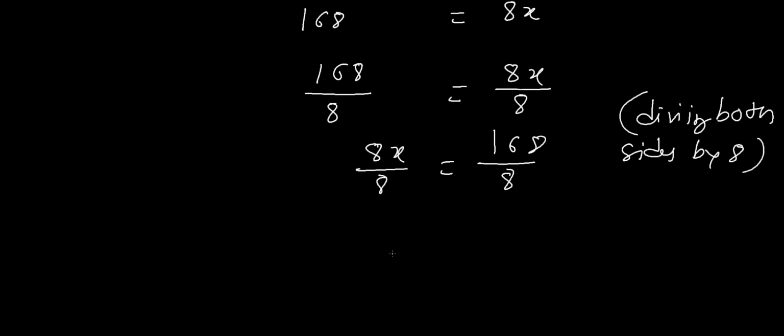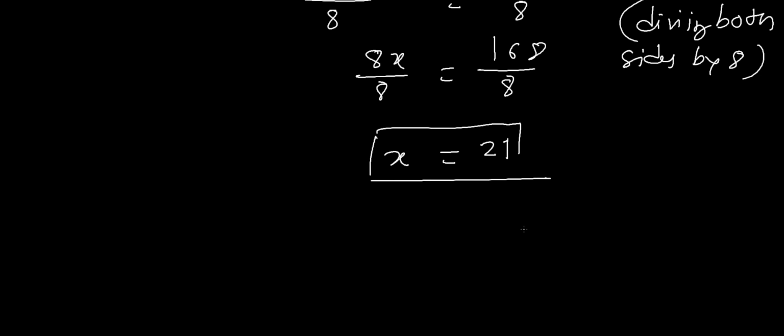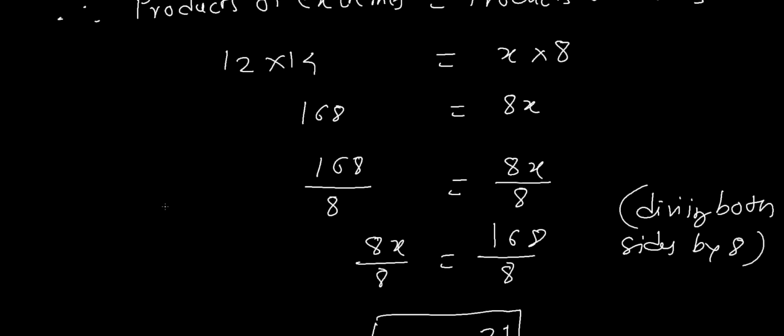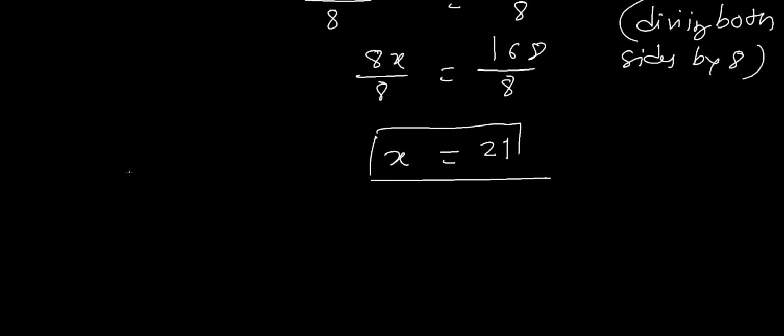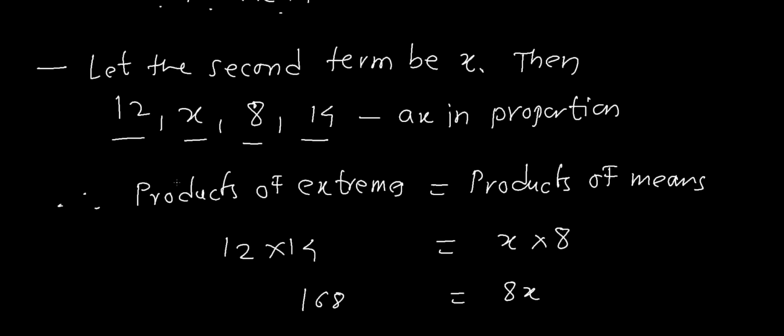So what will remain? x, the 8 goes, x equals 21. So that's our answer. The second term will be 21, and 21, 8 and 14 are in proportion. So the second term will be 21. That's our answer.